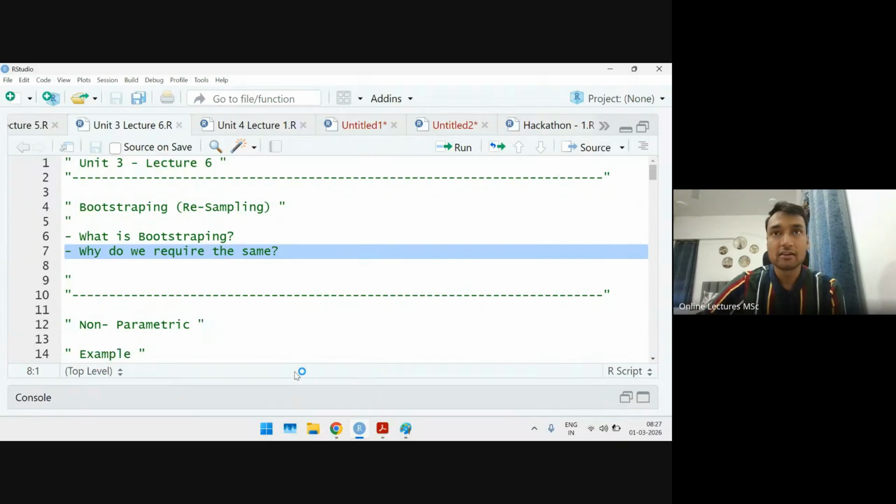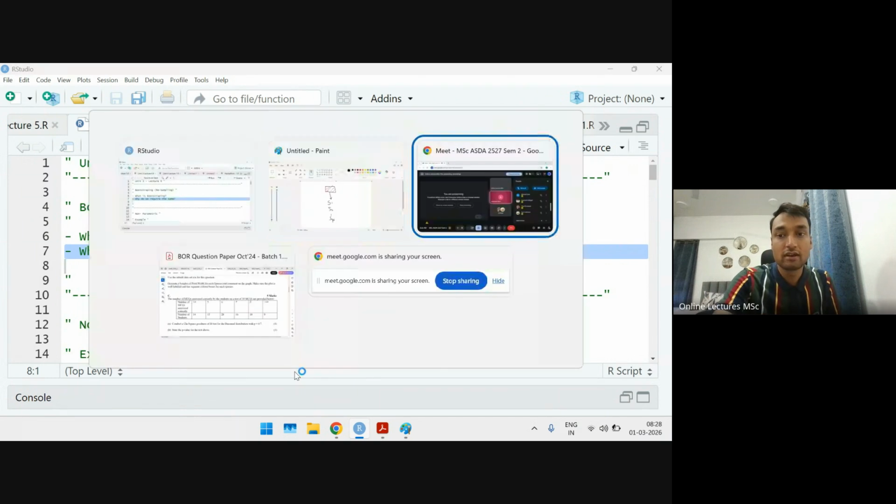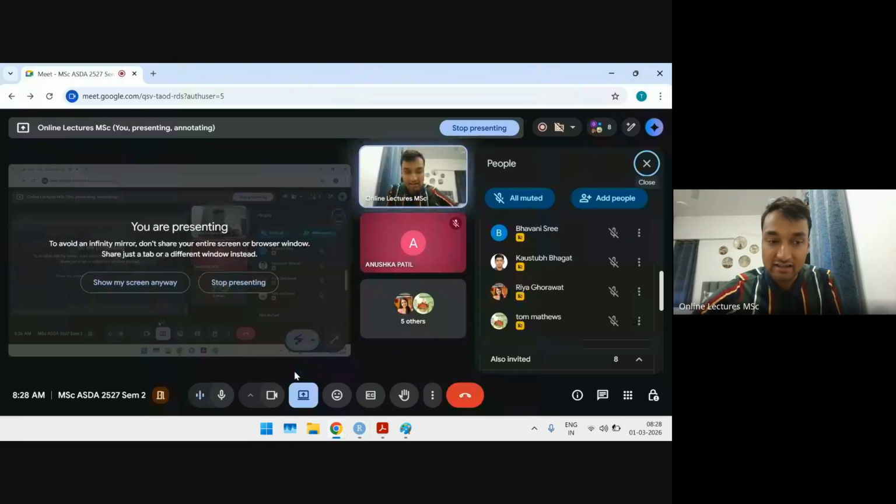Second is to get a confidence interval. When you say confidence interval, technically the hypothesis testing piece also comes into play, which is absolutely right. Anyone, any other view you would like to add here? Why exactly do you want bootstrapping?